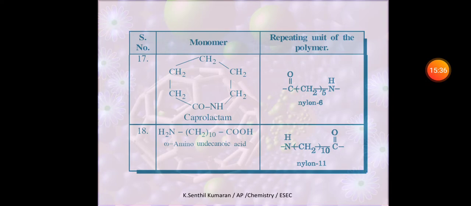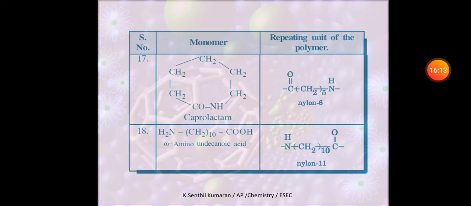Next, nylon 11. Nylon 11 means totally 11 carbon atoms. So the monomer required for the production of nylon 11 is n number of amino undecanoic acid.